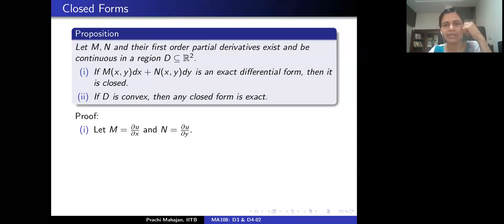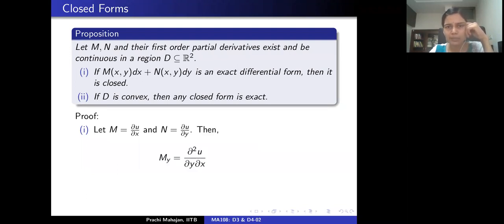If I have to claim that this differential form is closed, I have to show that the partial derivative of m with respect to y equals the partial derivative of n with respect to x. So let's compute the partial derivative of m with respect to y. I differentiate u with respect to x first and then follow it up by differentiation with respect to y.